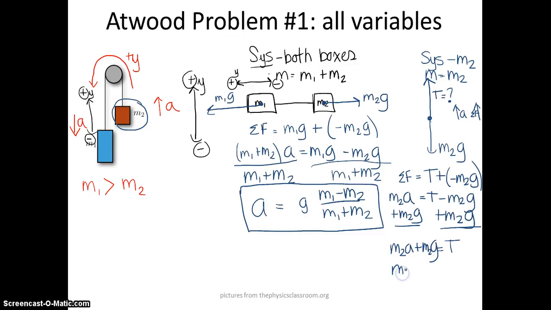I can factor out the M2, and it's just M2 times A plus G equals tension. So now I have an expression for tension as well. One thing to notice is that in order to find the acceleration, I needed to analyze the system of both. But to find the tension, I actually needed to use one of my individual blocks as the system.